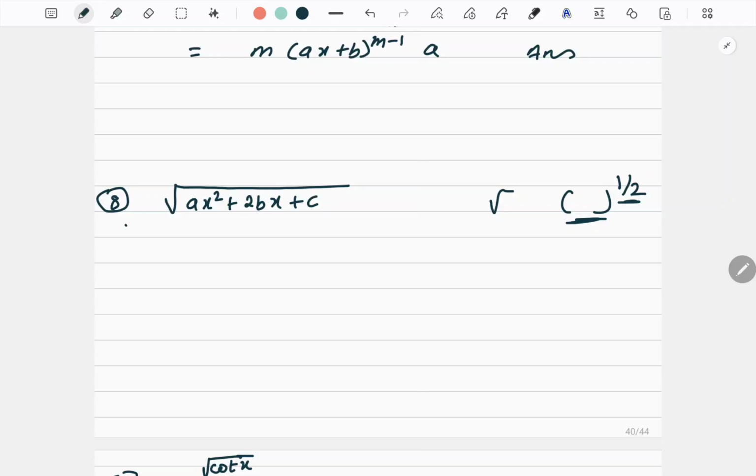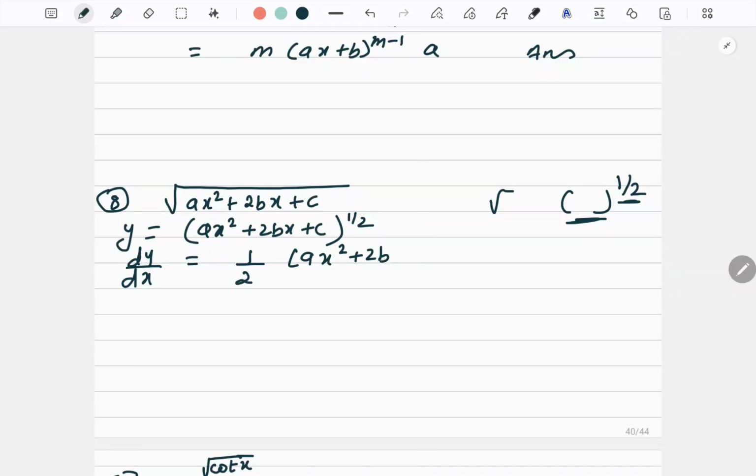So when I write this question, I can write it as (ax square plus 2bx plus c) to the power 1 by 2. So when I am doing dy by dx, first I should resolve this power. So 1 by 2 will come in front, (ax square plus 2bx plus c) raised to the power 1 by 2 minus 1, and d by dx of this bracket.